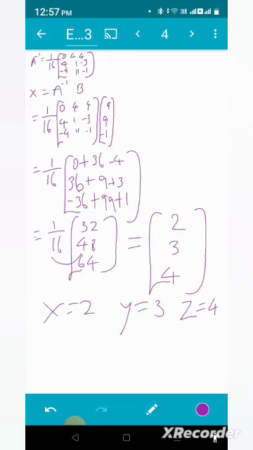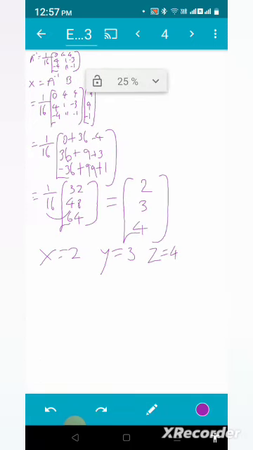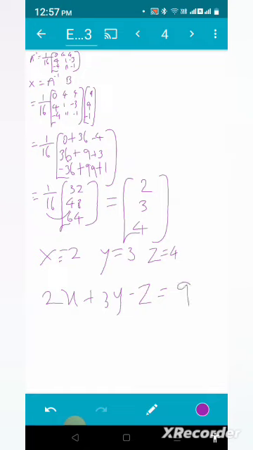So we get x, y, z, but we can prove this is right or wrong by using the first equation. The first equation is 2x plus 3y minus z is equal to 9. So 2 into the x value is 2, plus 3 into the y value is 3, minus the z value is 4.